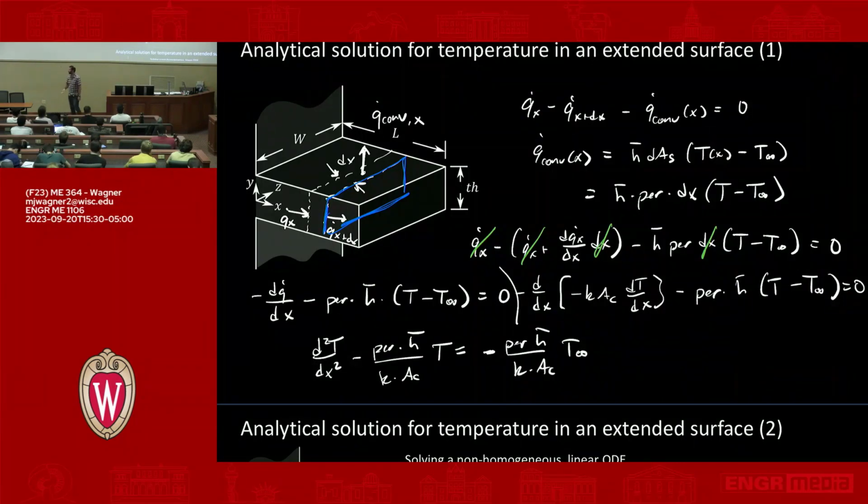So if I say write something in standard form, I mean this, right? Nothing multiplying d squared T/dx squared. All temperature stuff on the left-hand side, anything left over on the right-hand side. And the reason why you want to do this is because it hints at the solution that you have to make. Okay. Any questions on how we got this far, or confusion?